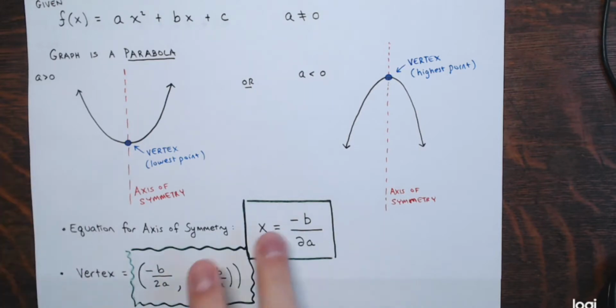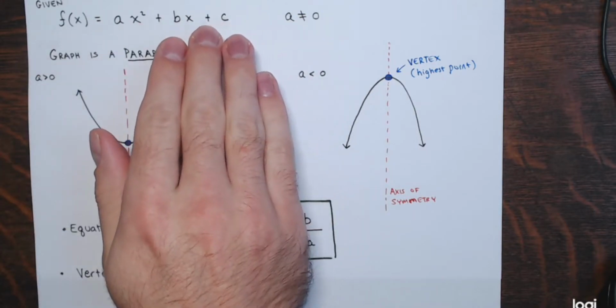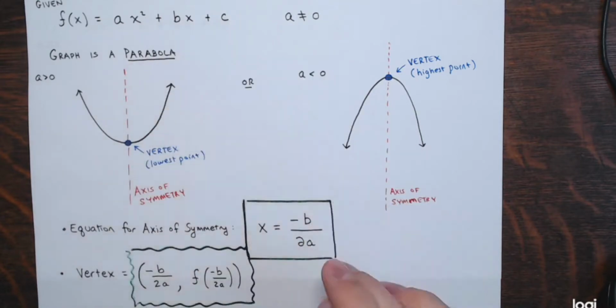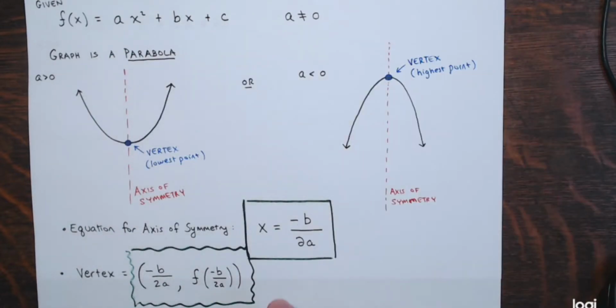And you should know these things, especially the negative b over 2a deal. If you're given a quadratic function in standard form like this, or a general form, x equals negative b over 2a is the equation of the axis of symmetry, and that is also the x-coordinate of the vertex.